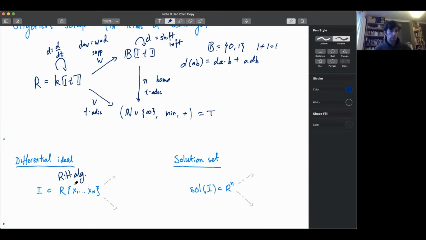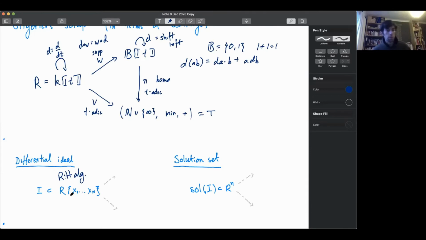So this is the algebra where the coefficients are in R, and R, remember, is my formal power series in T. And I'm looking at polynomials in the formal variables x1 through xn and their formal derivatives.